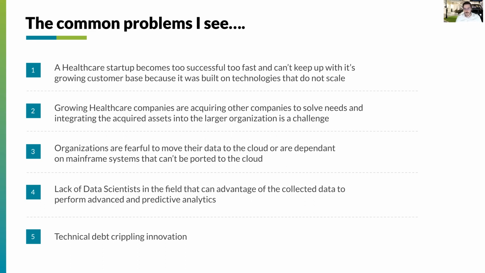The other thing I've seen, along the line of succeeding too fast, is merger and acquisition. Companies get bought up, companies acquire new technology stacks that they didn't necessarily rewrite, and have to assume that technical debt and work with it.